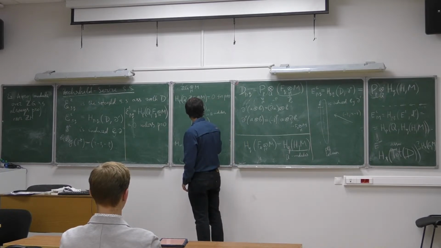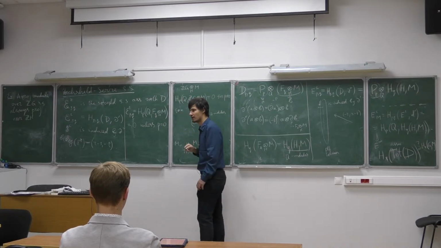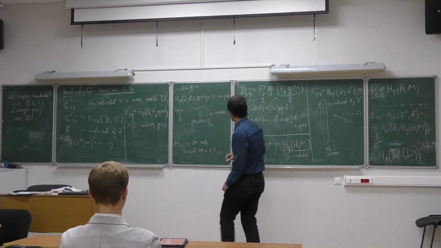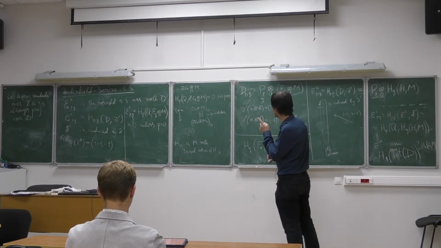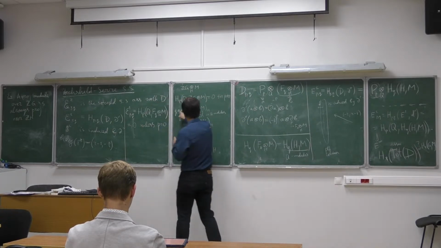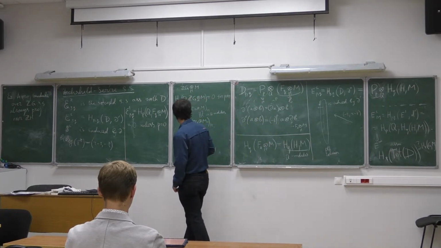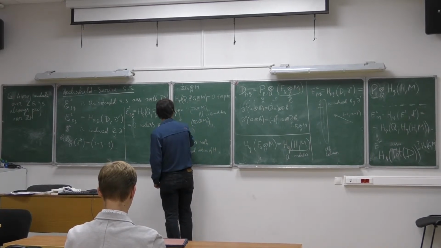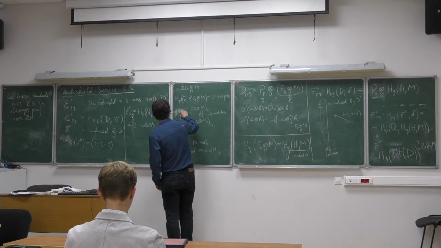If we have here some element g and here some element m, well, if we have g tensor m here, then we need to take it to g tensor gm there.